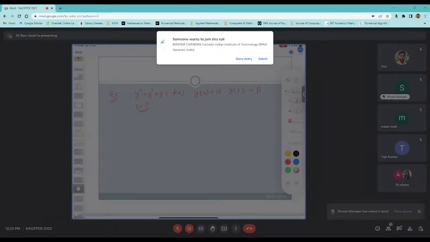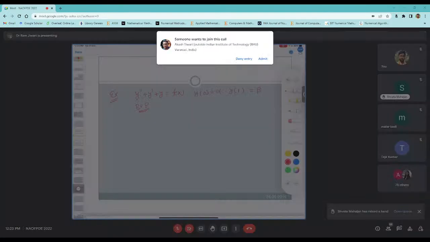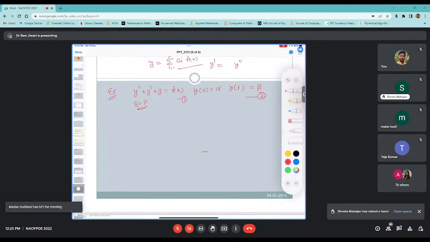If you are from a numerical analysis background and you have used some method for solving differential equations, some collocation method, what happens there? Generally, people assume y is the summation i equal to 1 to n of a_i times some function f(x_i). If you are using a collocation method, you assume y in this form and differentiate it one time, and a second time, and put them into equation number one, so you will get a linear system.